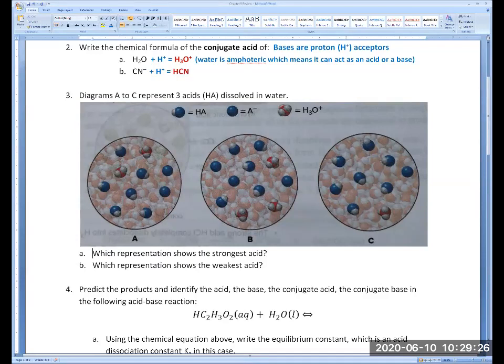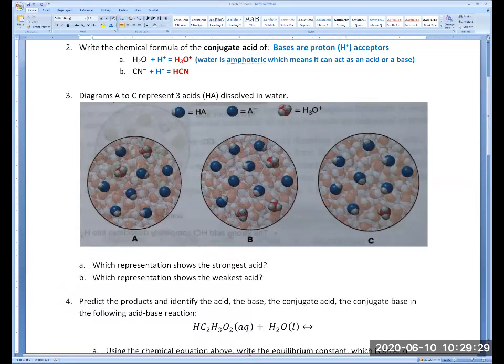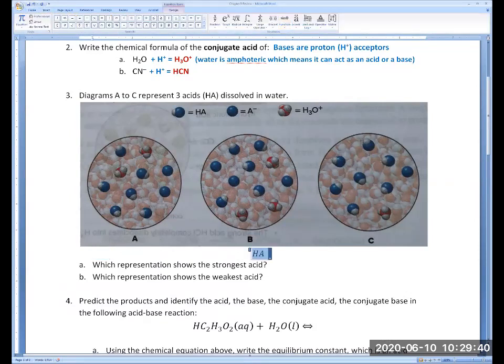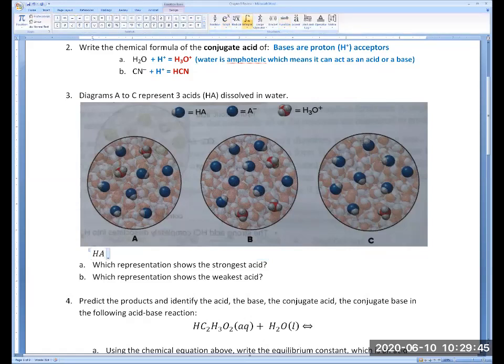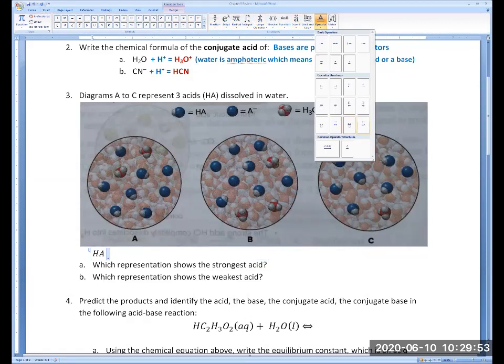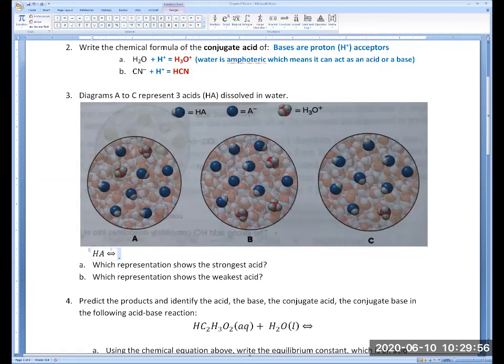So maybe before we answer that, let me write that HA, when it dissociates, let's put a double arrow. We don't know if it's a single or double arrow, but here HA dissociates into A minus, that's the conjugate base.